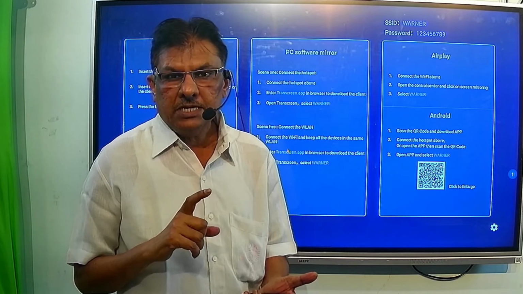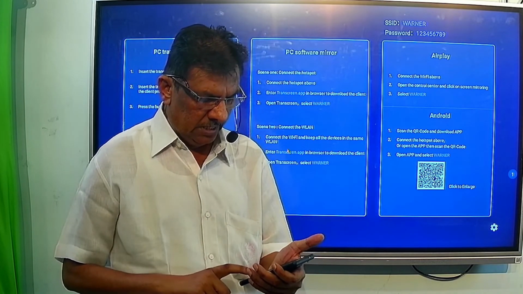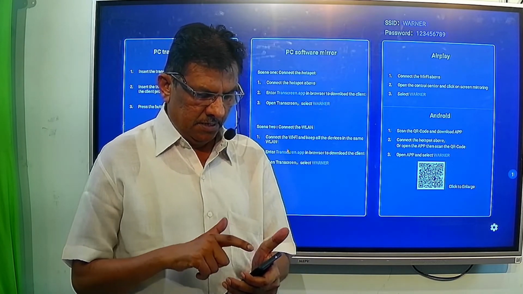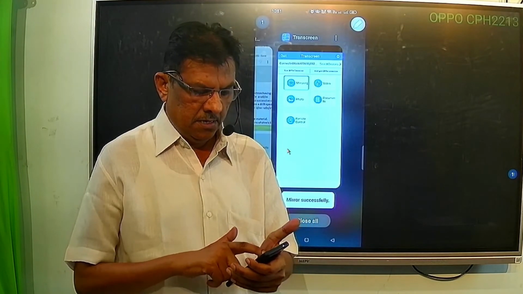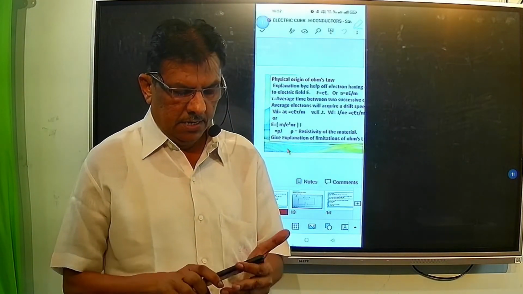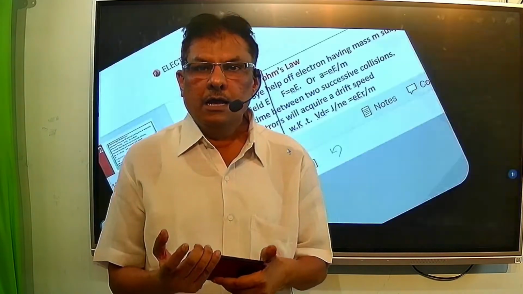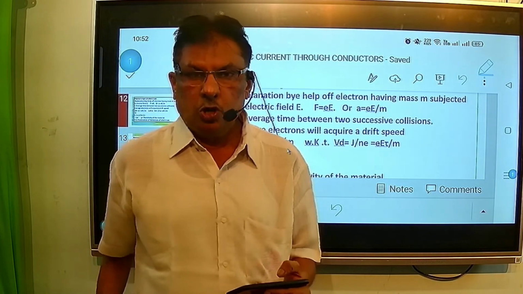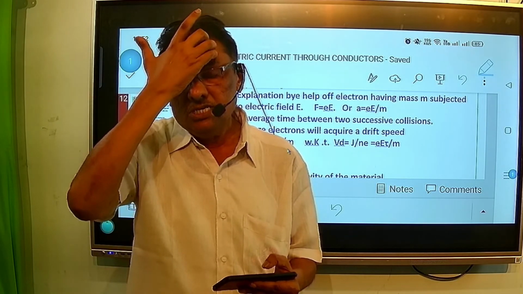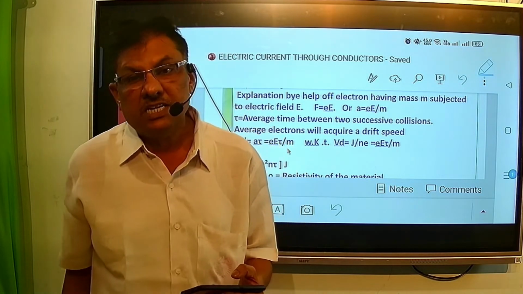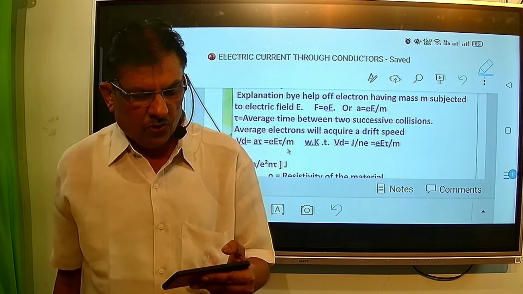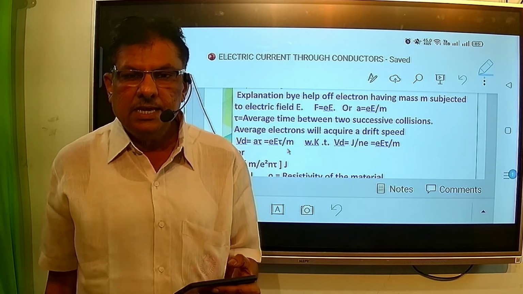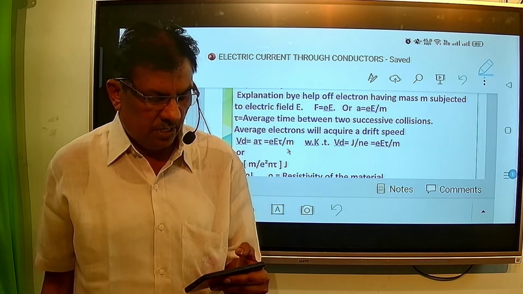There is a time interval between two collisions, which is defined by tau. Here tau is the average time between two collisions, as we have said. Therefore, these electrons are going to have some velocity, and that velocity is termed the drift velocity.